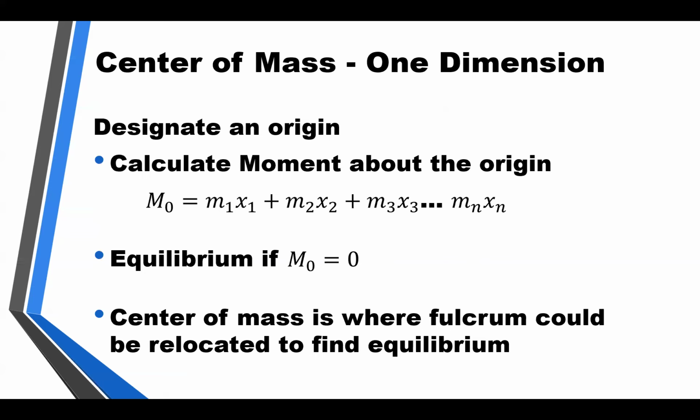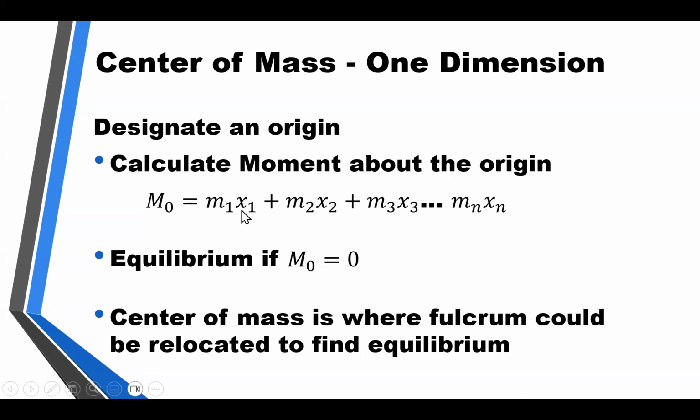So you start by designating an origin someplace on the bar. And then you count the moment about the origin. The moment about the origin is taking into account both the mass and the distance away from the origin. That's what these x1, x2, and x3 are.